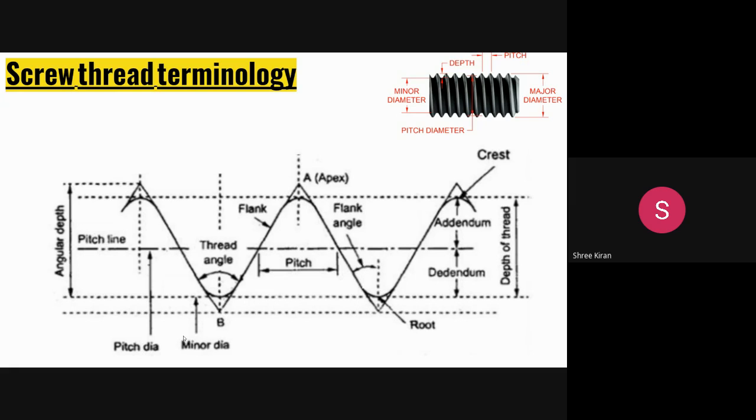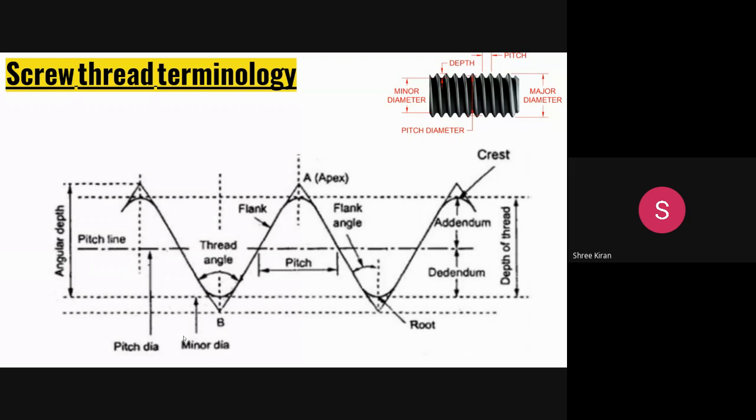You should not have confusion regarding the pitch diameter and the pitch. So pitch diameter, I'm telling it again, is defined as the imaginary cylinder diameter, the surface of which would pass through the thread at such points to make equal width of the thread and width of the spaces between the threads.